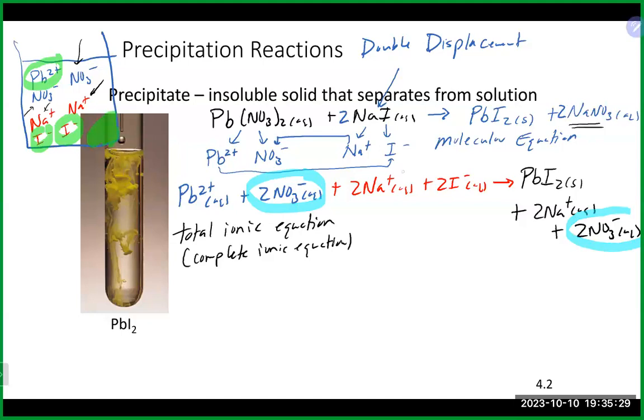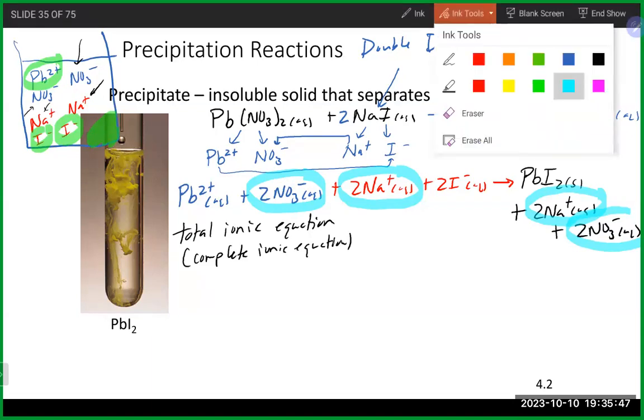We also have 2 of the sodiums that match 2 of the sodiums on this side, right? So those guys are exactly the same. By the way, they're actually the exact same number on both sides, which is a good hint that if you don't have the same number on both sides, you probably screwed up balancing somewhere.